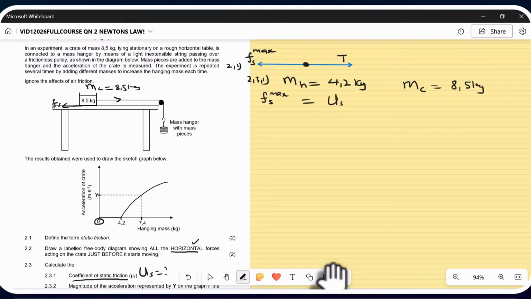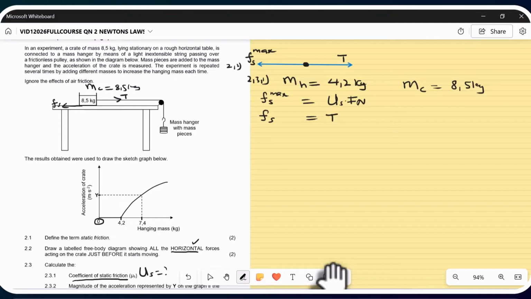This follows very well, but because we don't have the frictional force yet and we want the mu s, we are also going to use the fact that the static frictional force is given by this tension T. Now the tension T is equal to the F static, because the crate is still stationary.